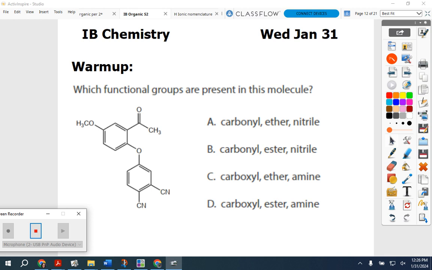Anyone want to make a guess? Okay, I've got a vote for C. Any other votes? Yeah? Got a vote for A. Who else? Yes. Okay, got a vote for B. Who else votes for A?